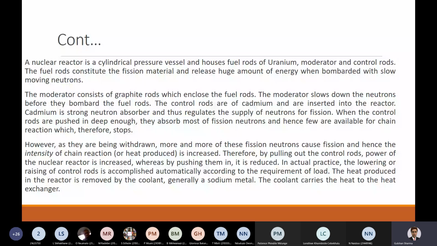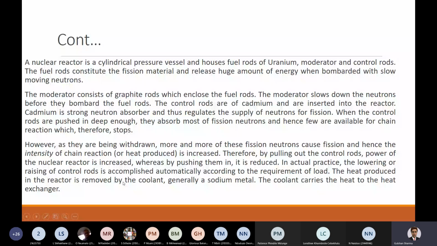And one thing is that with the fission reaction, heat is produced. This heat produced in the reactor is taken by the coolant. The coolant generally used is sodium metal. Why has sodium metal been used? Because it gets heated and takes the heat from the reactor.